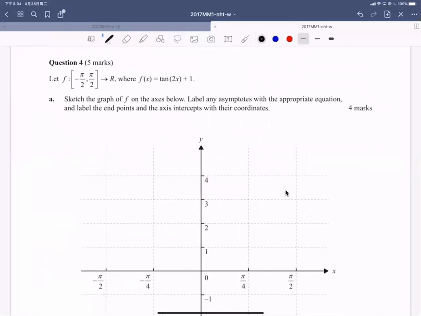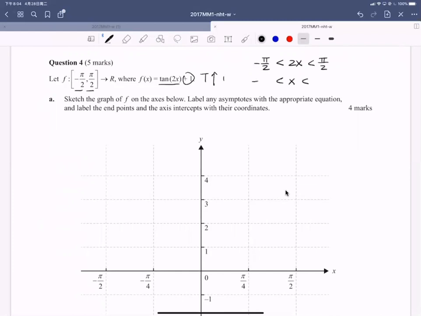This is a sketching question. Let f be a function restricted from minus pi on 2 to pi on 2. F of x is tangent 2x plus 1. Plus 1 is a translation upwards by 1 unit. How about a 2 here? So let's think of 2x smaller than minus half pi to half pi.